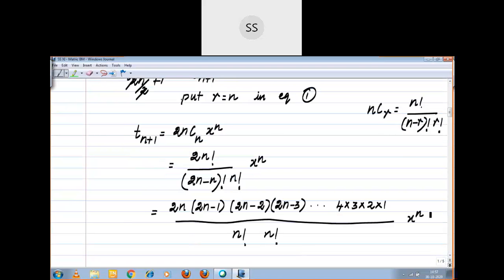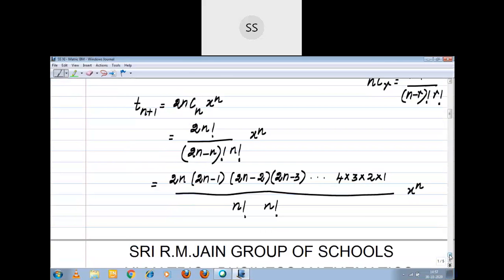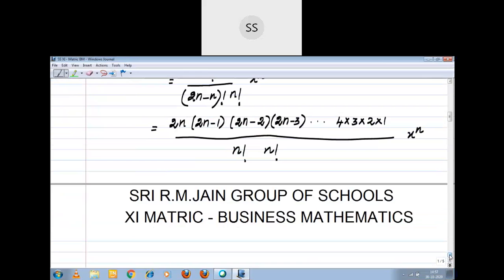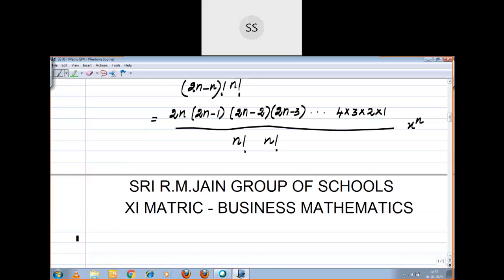Right? The whole thing divided by n factorial into n factorial into x power n. Now you see, you are going to separate the even numbers and the odd numbers, right? Separate the odd and even terms.